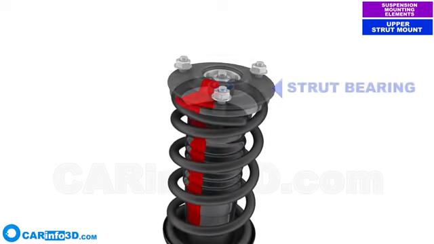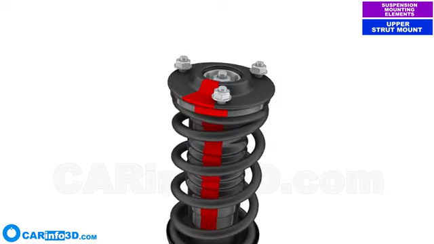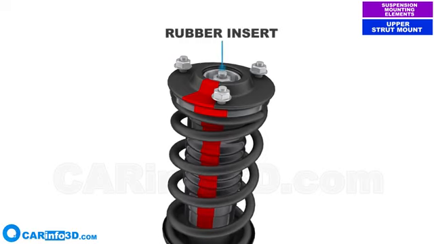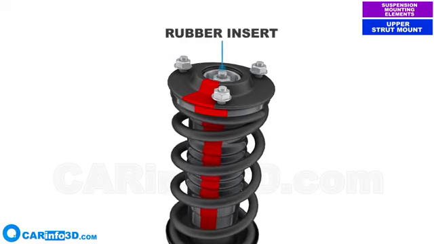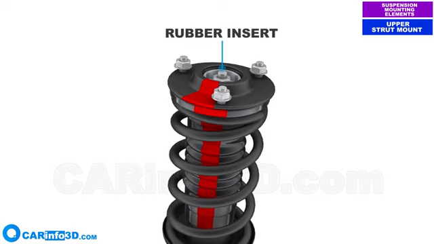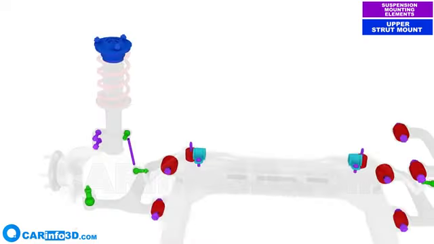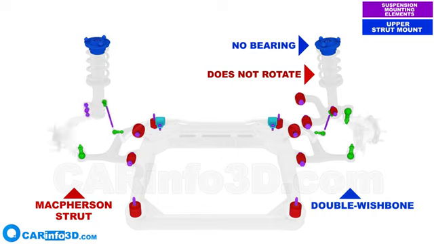To contain minor movements of the shock absorber and reduce vibrations, the strut mount also uses rubber joints, which are similar to rubber bushings. Other front suspension systems may look similar, but they might not include a shock absorber that can rotate, and the upper mount will then lack the strut bearing.